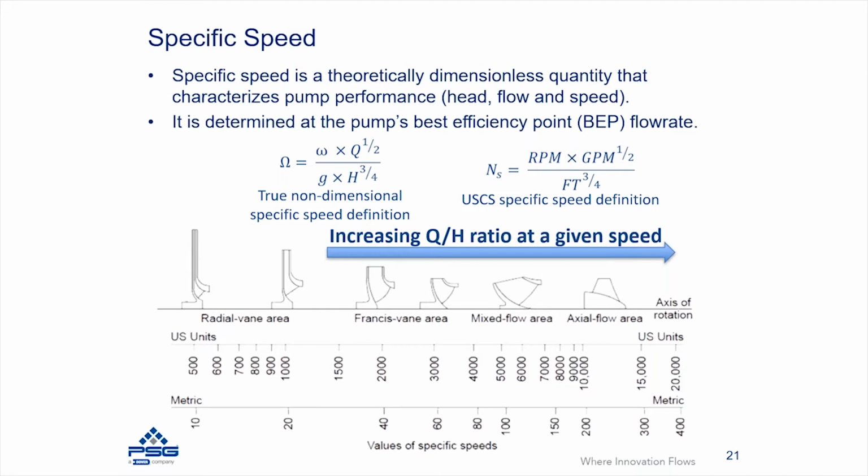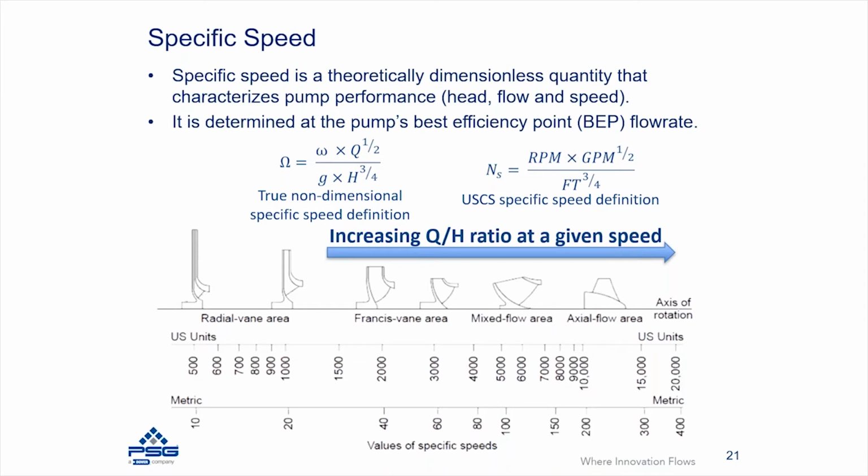As you increase your Q over H ratio, you can notice that the impeller diameter begins to be reduced, and the flow going through the impeller, instead of going radially, begins to go more axial.